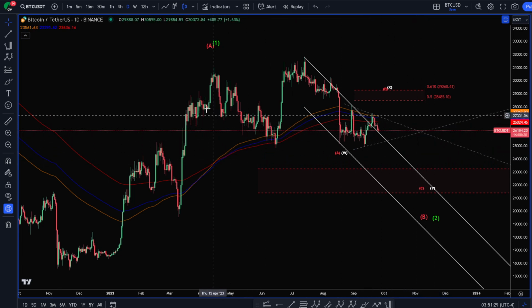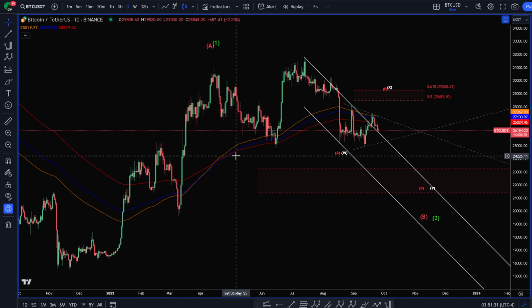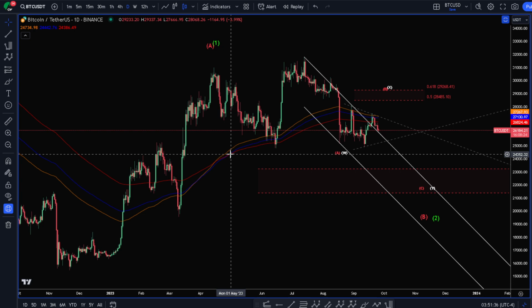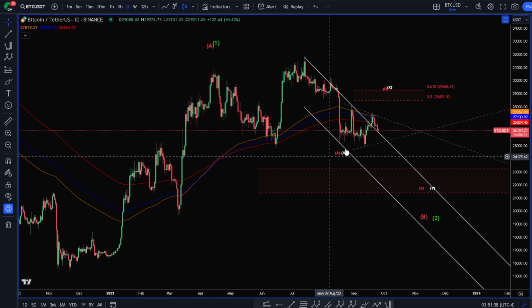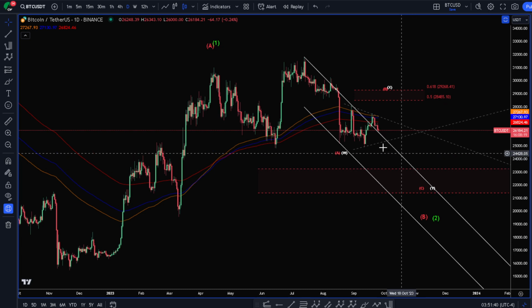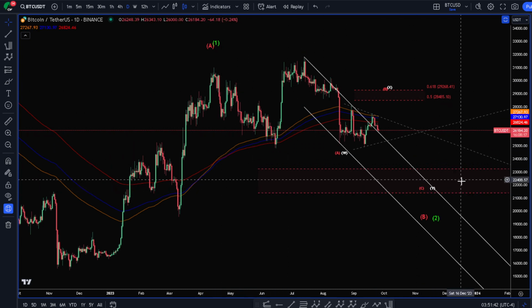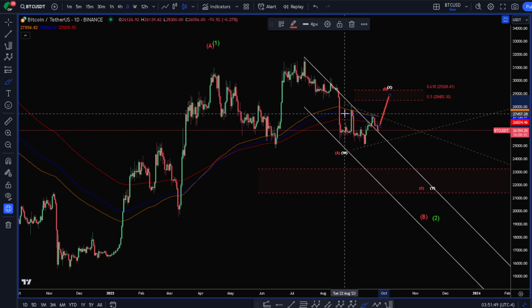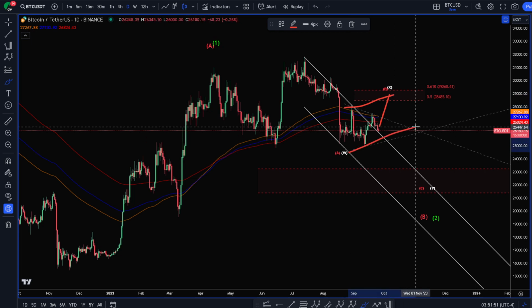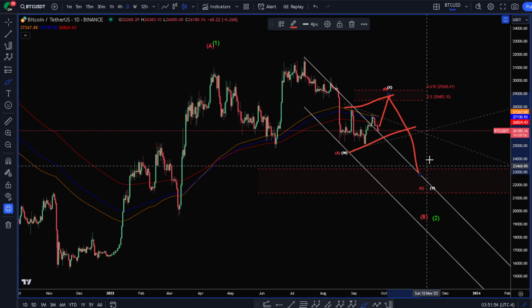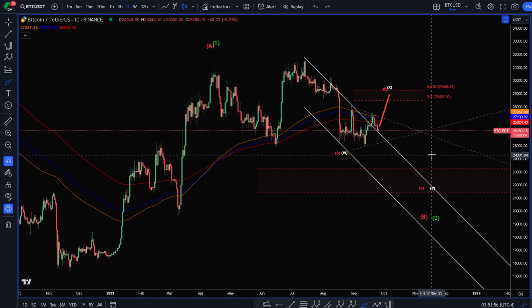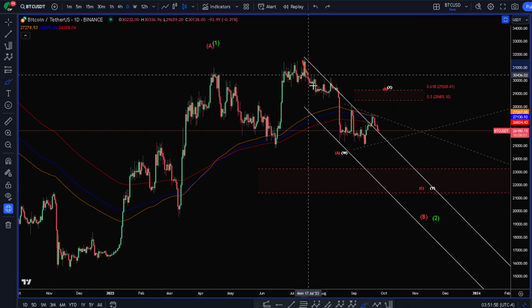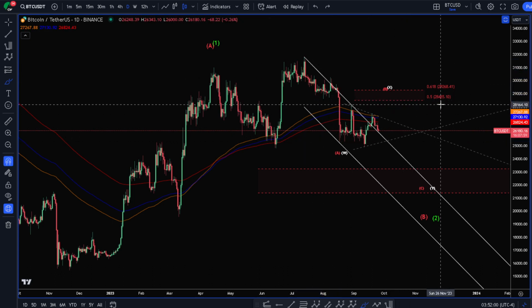Alternatively, we can get a zigzag, we can get a combination where we'd expect a different correction. Because we can only get a triple zigzag with the current wave count as WXYZ. So if we come back up and this becomes a larger correction, which I've been anticipating, as you know, and then we get downside coming up between the 50 and the 618 of this three-wave move.